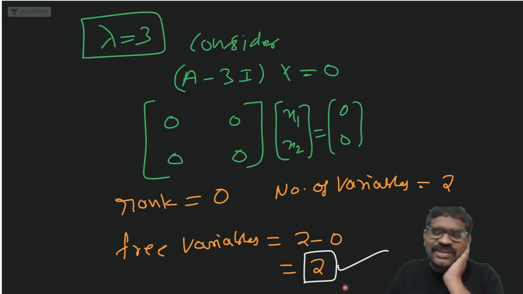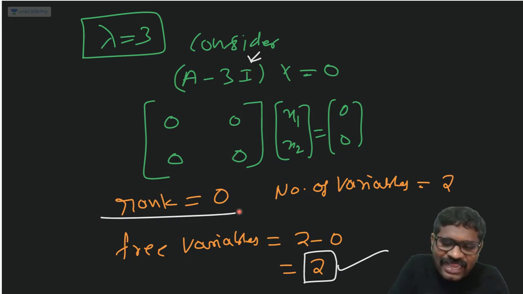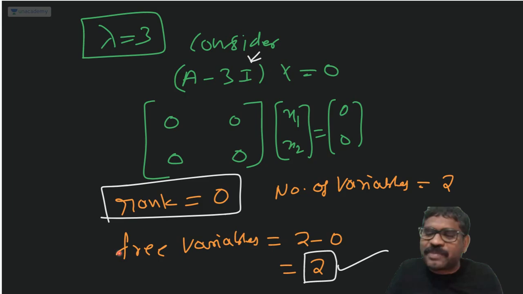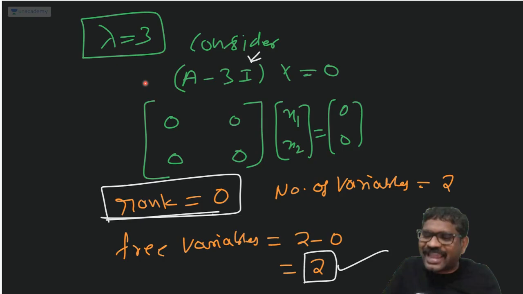Sir, you said free variables, that's why total number of variables minus rank. I said rank only, but is that rank of A or rank of A minus lambda I? Here, is this rank of A or rank of A minus 3I? Not A, A minus 3I.